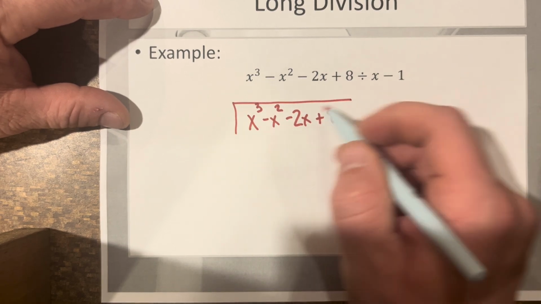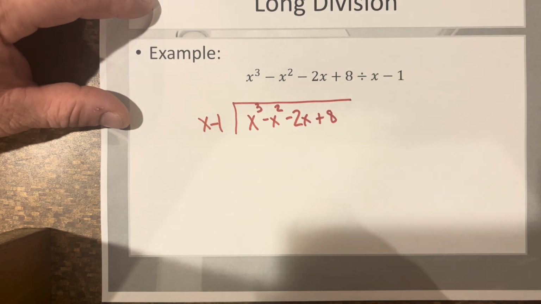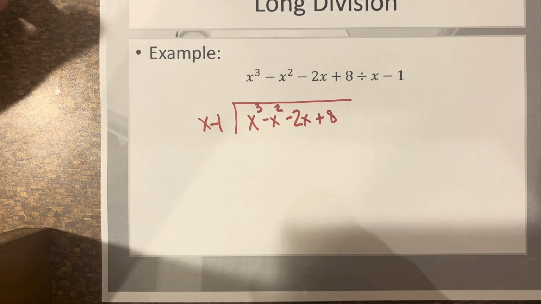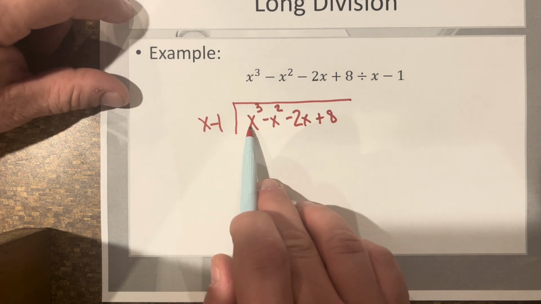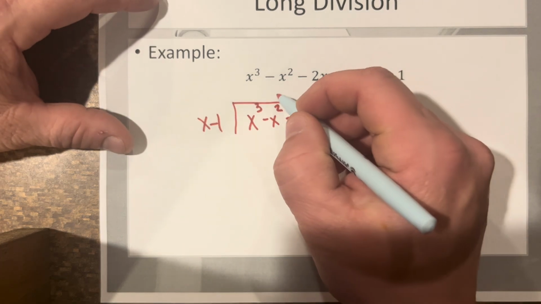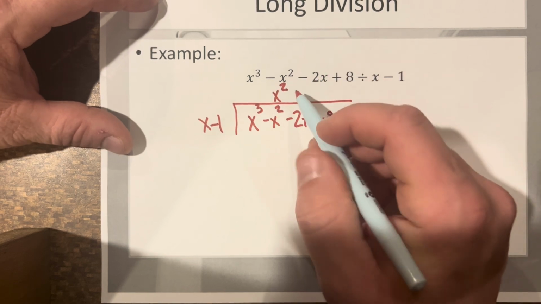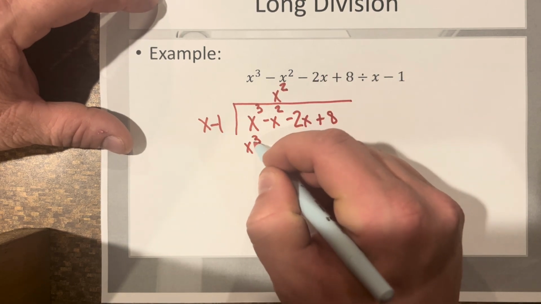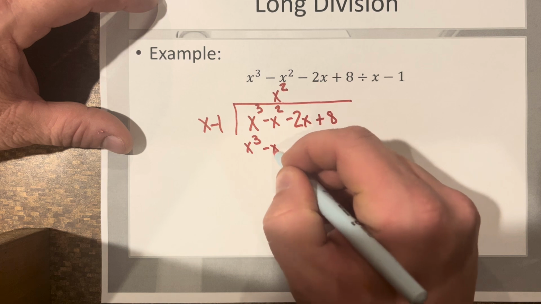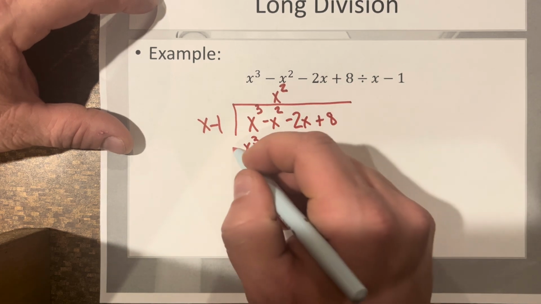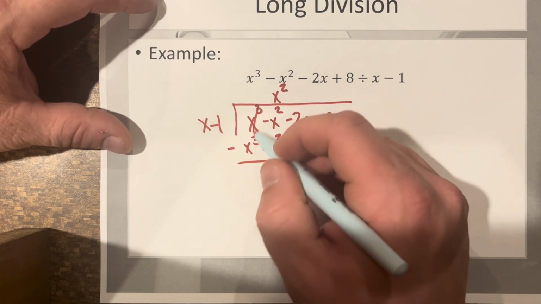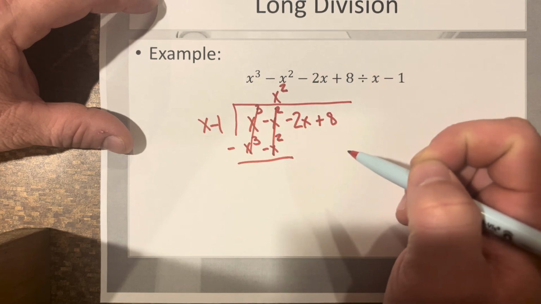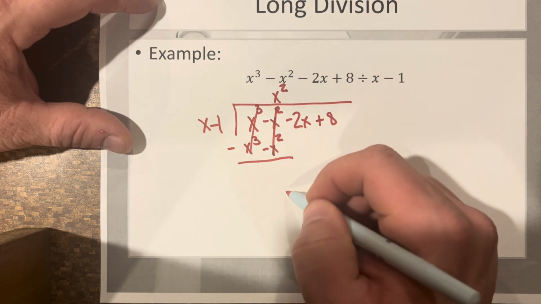Now when we divide this out, x minus 1 goes in front, so our steps are the same. Again, x times what gives us x to the third? In this case, it'd be x squared. x squared times x is x to the third, and x squared times minus 1 would be minus x squared. When we subtract, these go away and these go away, so we have nothing left.